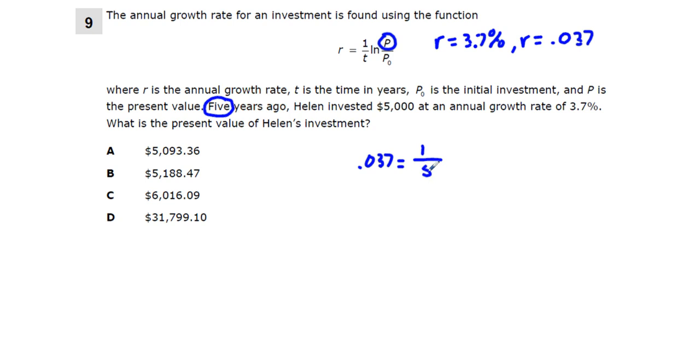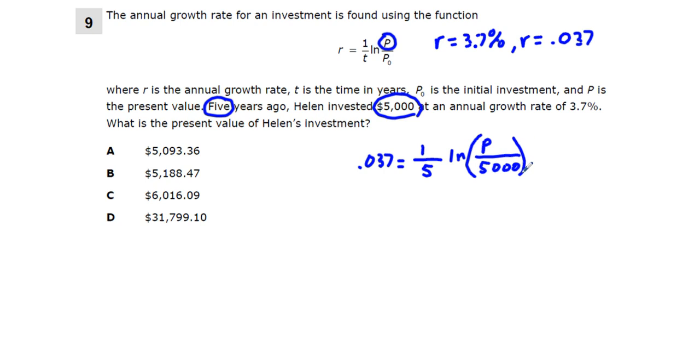So 5, so we're talking about annual growth rate. ln, and ln is our natural logarithm of p, and we don't know what p is, over p sub 0. We know what p sub 0 is. That's going to be 5,000. So 5,000.